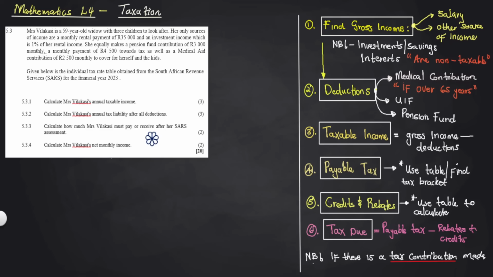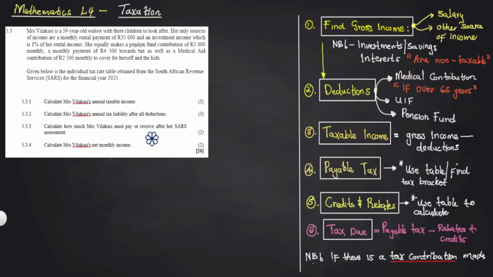So, Miss Vilakazi is a 51-year-old widow with 3 children to look after. Her only sources of income are a monthly rental payment and an investment income, which is 1% of the rental income. So there's an investment account.